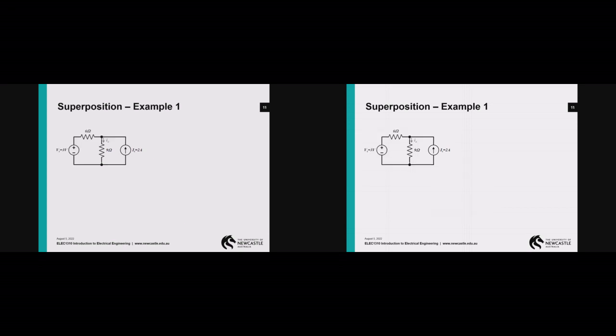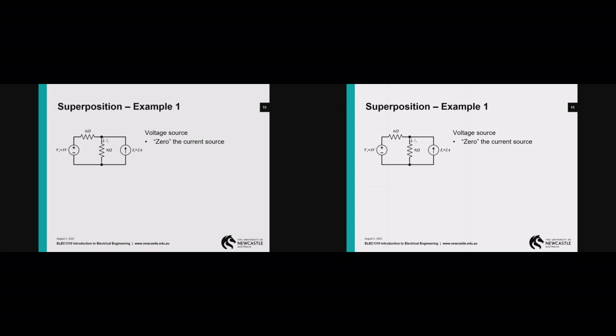So let's see how it works. There's our problem. My first issue is I want to see how much current is caused in the 9 ohm resistor by only the voltage source. If I'm looking at only the voltage source, I need to zero the current source.